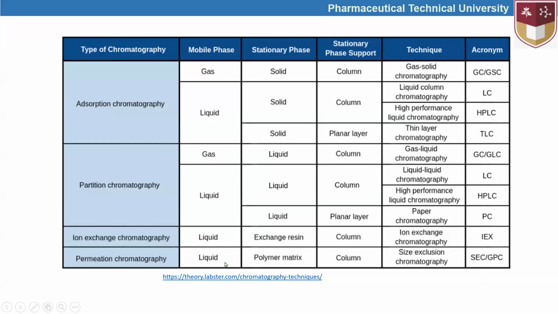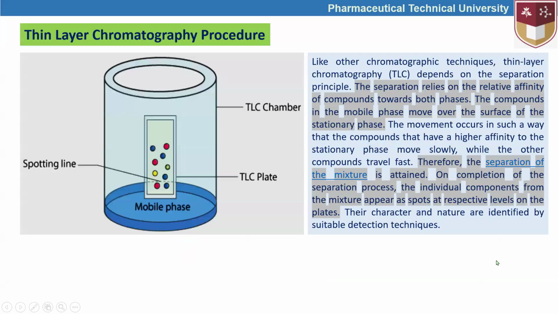In permeation chromatography, the mobile phase is liquid and the stationary phase is a polymer matrix, supported with a column, and it is named size exclusion chromatography, abbreviated as GPC. Now we are going to talk about TLC, thin layer chromatography.